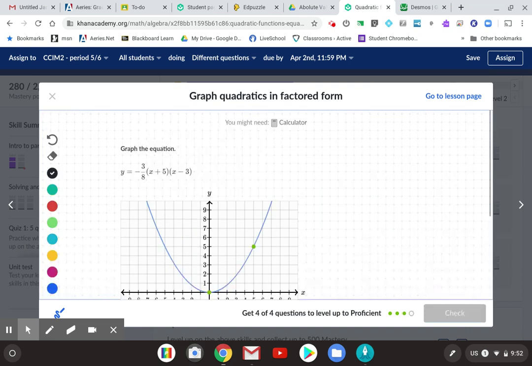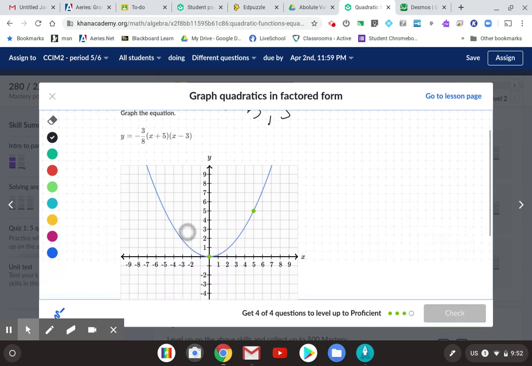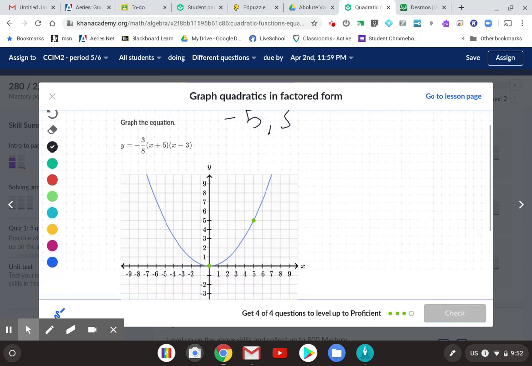Okay, last question. Again, our intercepts are going to be a little bit bigger: -5 and 3. So I'm going to move that one down, it's going to be 3. So between -5 and 3, that should be -1.